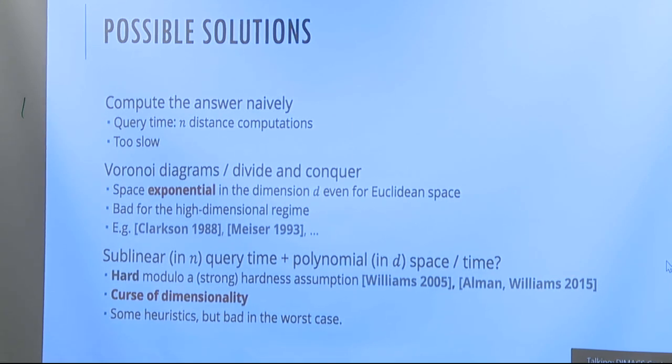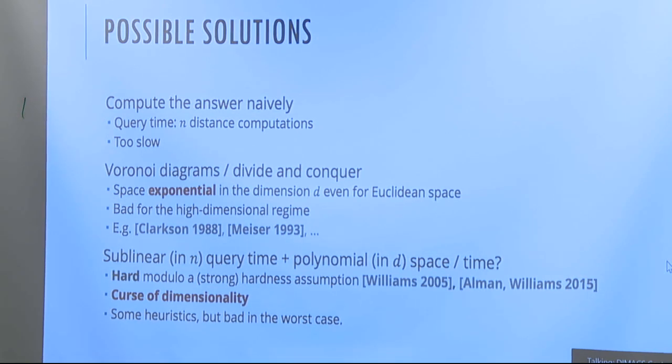There are some strong hardness assumptions you can make that, for all we know, are true, such as the strong exponential time hypothesis, under which this goal is not achievable for this problem. This is one very concrete example of the curse of dimensionality.